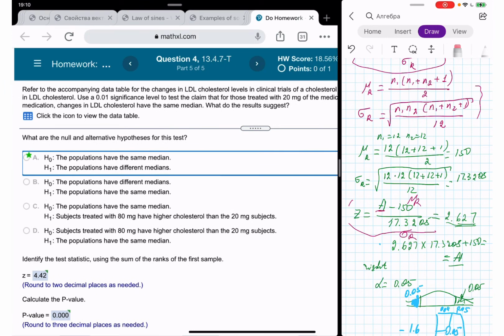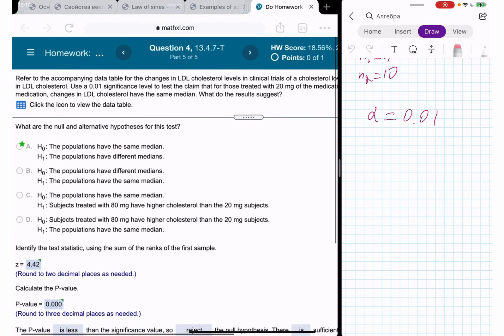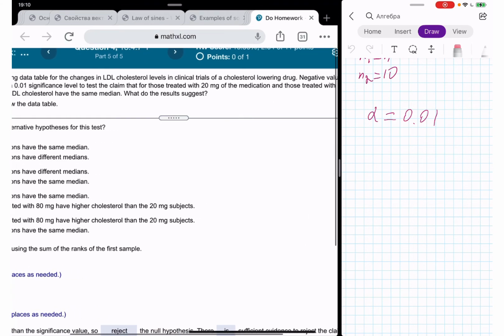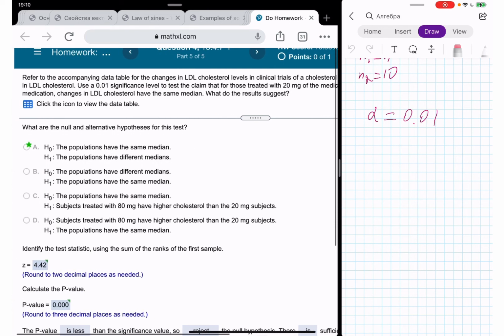Use 0.01 alpha significance level to test the claim that those treated with 20 milligrams of the medication and those treated with 80 milligrams have the same median change in LDL cholesterol. So we are dealing with a two-tail test, same median. So the null hypothesis is going to be equal, alternative not equal, right?